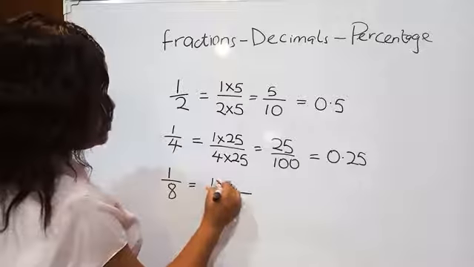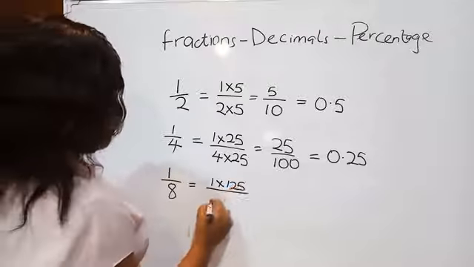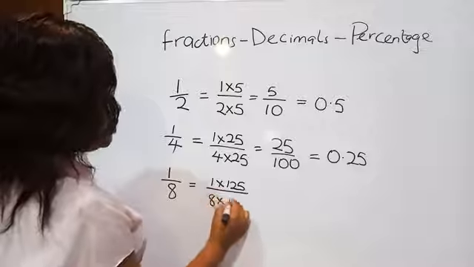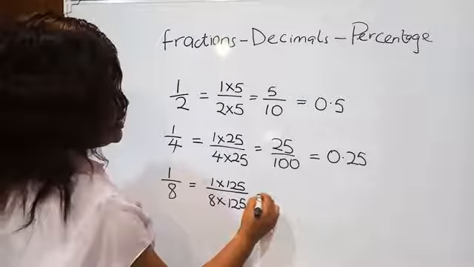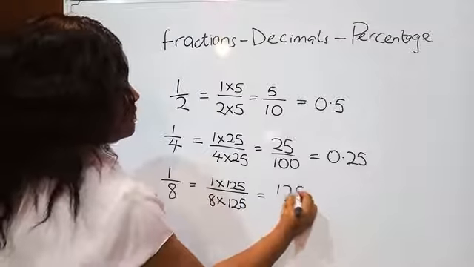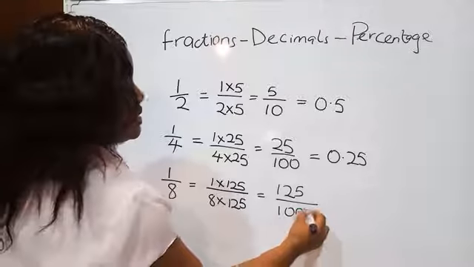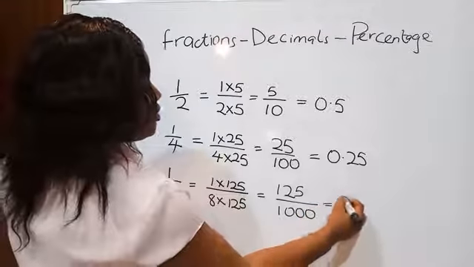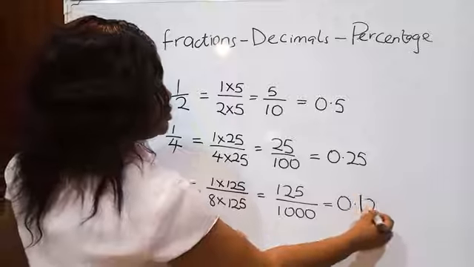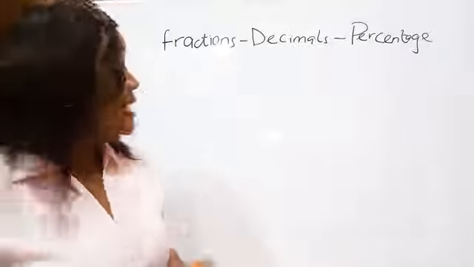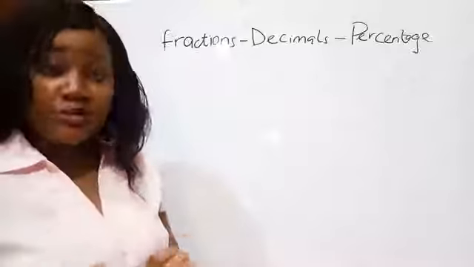So you have 1 times 125 over 8 times 125, and this gives us 125 over 1000, and this gives us 0.125.